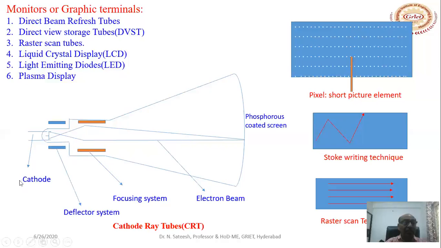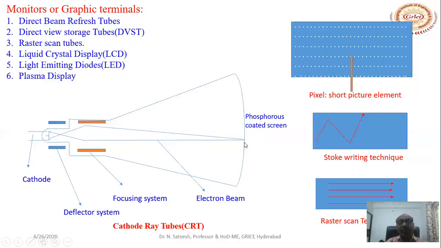Here the cathode is nothing but a bulb which emits electrons. The electron beam travels at high speed and is controlled by a focusing system and a deflection system. When it reaches the phosphorus coated screen at the front end, the pixel on the phosphorus coated screen will be illuminated.